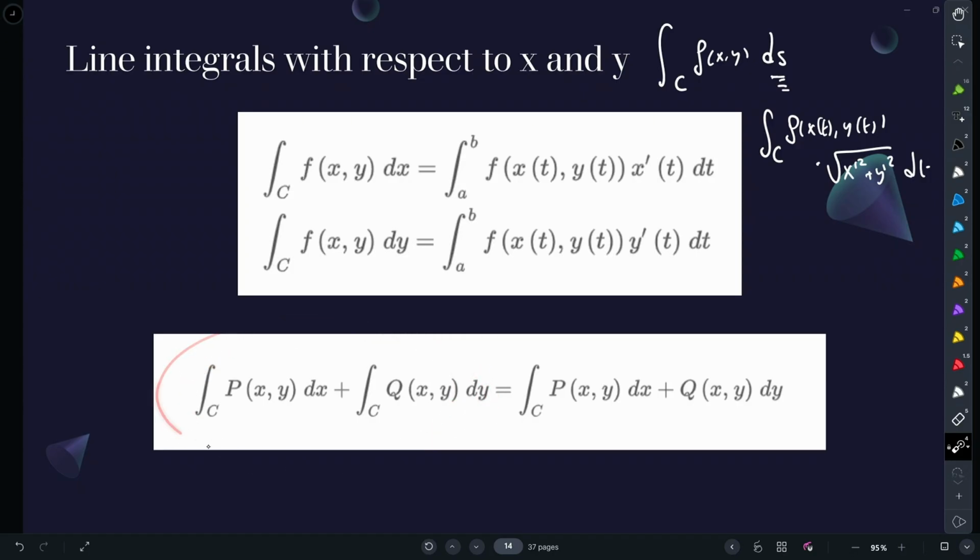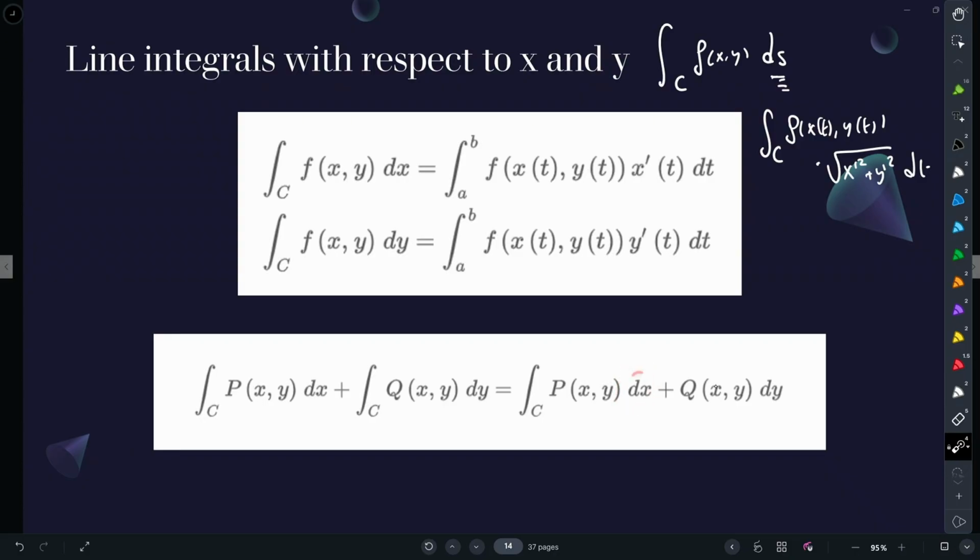What do we mean by this kind of integral? We mean one of these: we're integrating some function with respect to x, and some function with respect to y. Sometimes you'll see it written like this, which is a shorthand, because this is an integral sign with two different differentials.